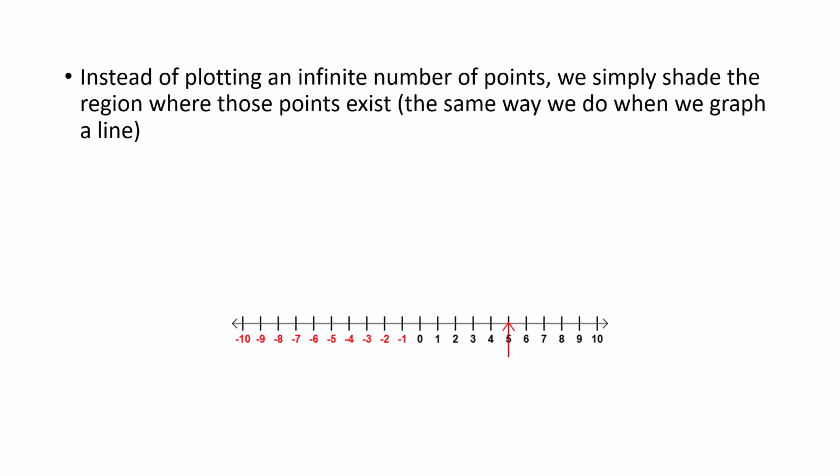So if I know that it's all of the points to the left of the 5, I'll just do something like this. I've seen different versions of that where people shade it in different ways. I usually just take a pen and color over the line because I know that's where all the points are, all of those points going forever to the left.